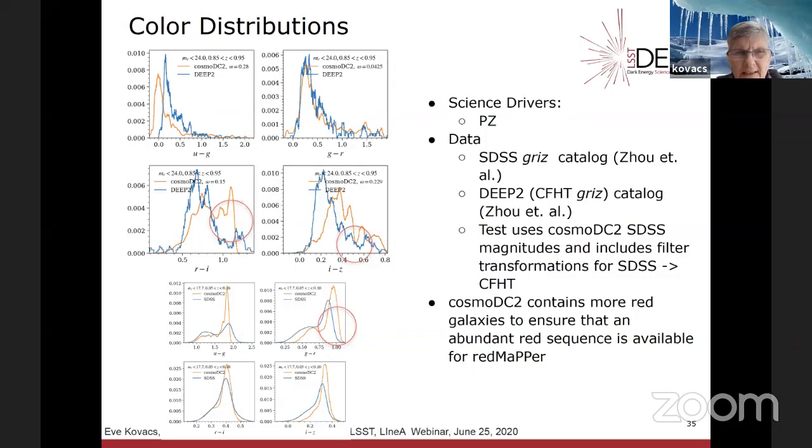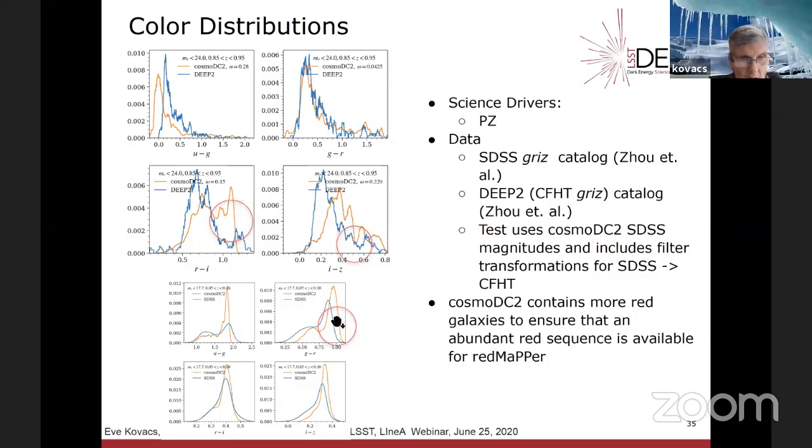And that now comes in very handy because when we did the matchup, we got those SDSS magnitudes for free. And so we were able to validate the color distributions against SDSS magnitudes without doing any filter transformations.